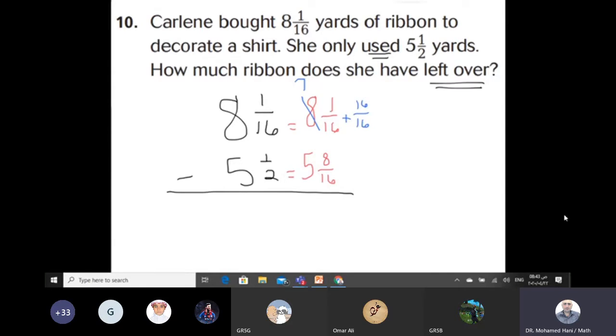So now I have a total of 17/16. Now I can subtract. 17/16 minus 8/16 will be 9/16, and 7 wholes minus 5 wholes is 2 wholes. And I know 9/16 is already in simplest form because the greatest common factor that 9 and 16 share is just 1.